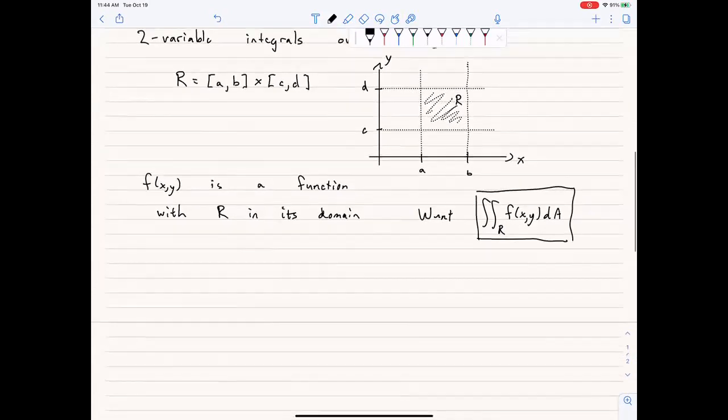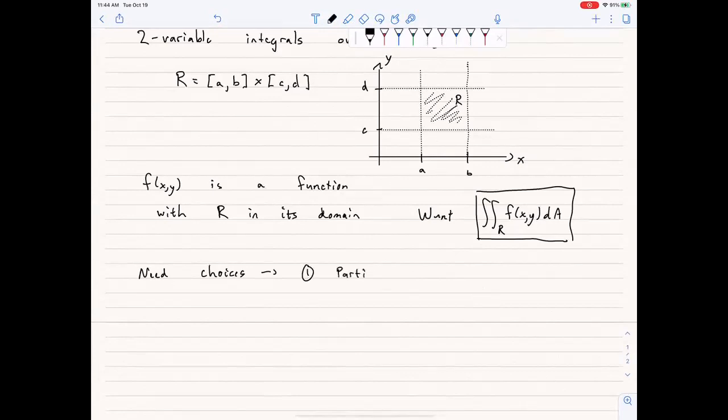So how do we do it? Well, we do the same thing we did in one variable, but now we need a lot more notation. So we need a partition. Well, we need choices. The first choice we'll make is a partition.